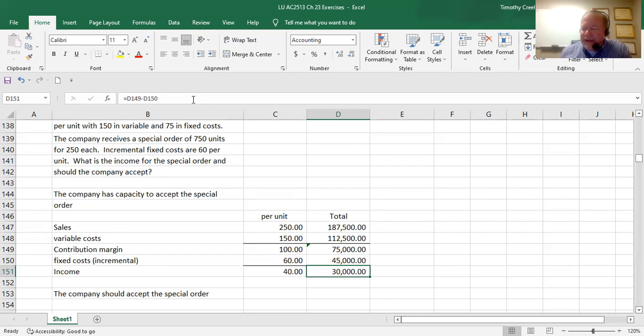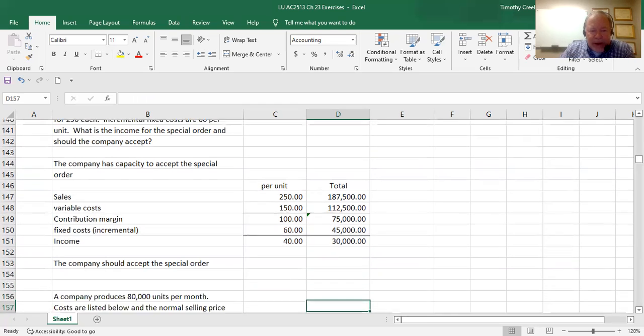And so some companies are reluctant to do special orders sometimes because they have some fear that their regular customers will find out that they've done business with this company and sold them some product at a lower price. Now, companies don't really share that information. And so it's doubtful, but some companies do fear that. And that's another kind of a qualitative or non-numbers aspect of the decision that a company would have to make.